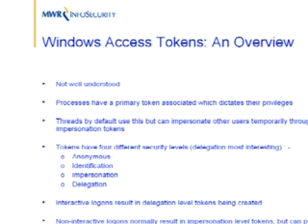But processes essentially have a primary token associated with them, and that determines their privileges. Whenever a process tries to perform some sort of task, the operating system consults the token to see if that's allowed. But Windows being a multi-threaded operating system, it also allows other tokens to be used, and threads can then temporarily impersonate those tokens.